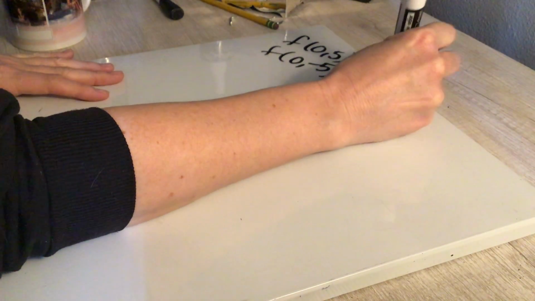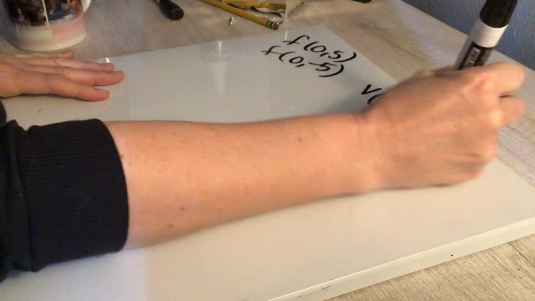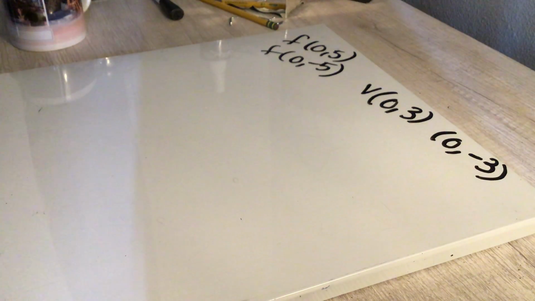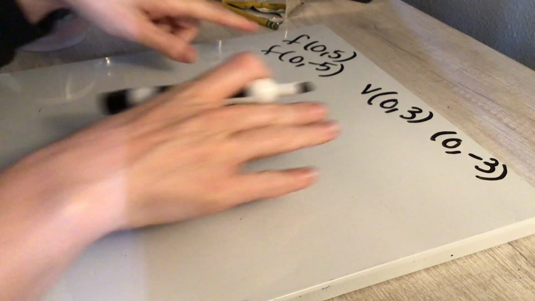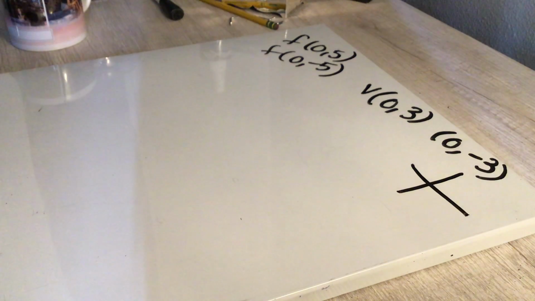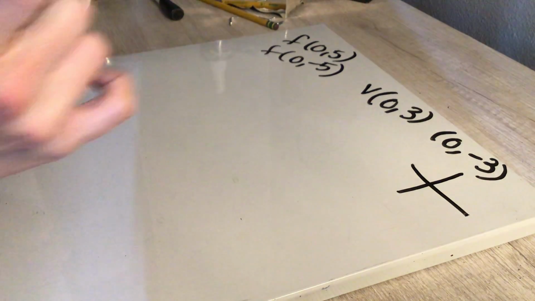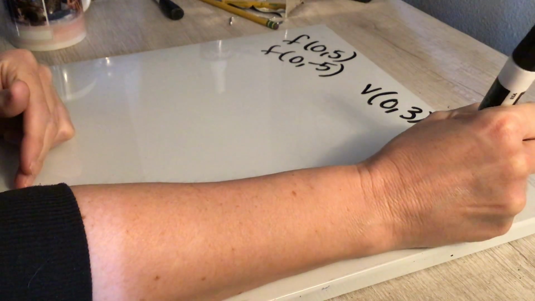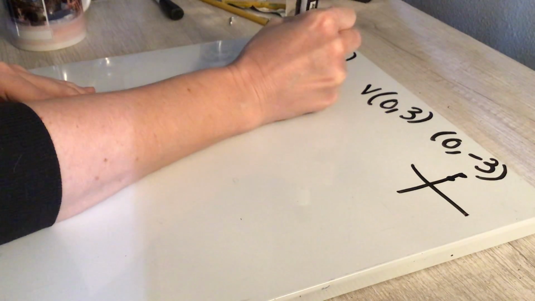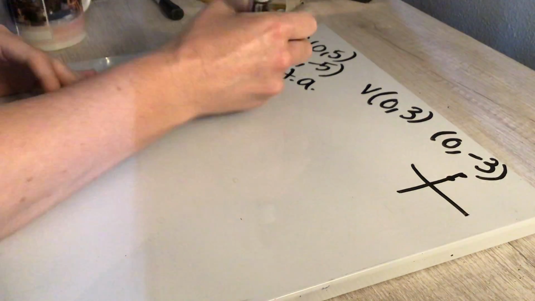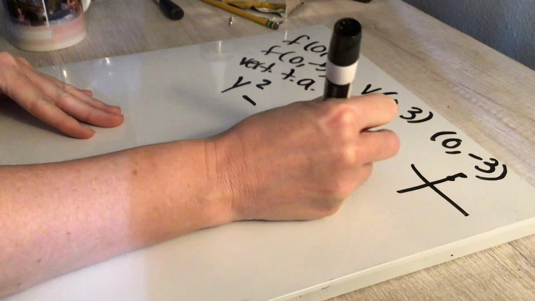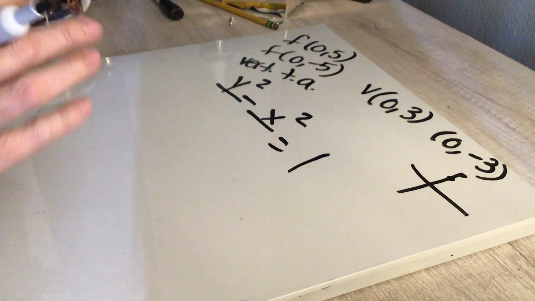And we have vertices at 0, 3 and 0, negative 3. Okay, so if we were to think about where these are, right, because we know the transverse axis goes through the foci and the vertices. So 0, 5 and 0, 3. So that tells us it's a vertical transverse axis. So that tells us it's going to be y squared minus x squared. Then we just have to figure out a and b.